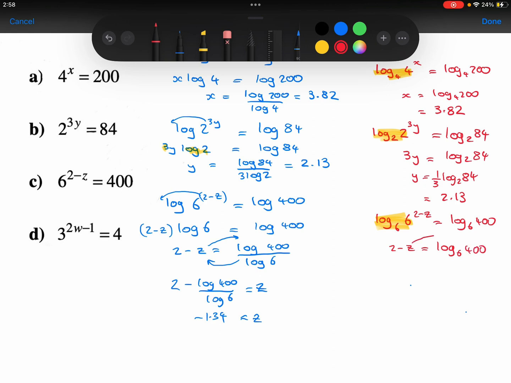I will then add the z to both sides and subtract the logarithms from both sides. And typing the left-hand side into my calculator gives me the answer minus 1.34.